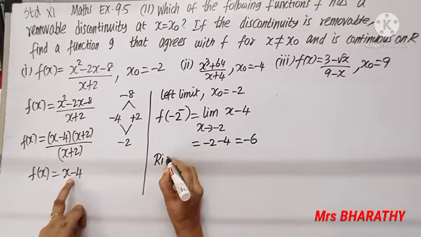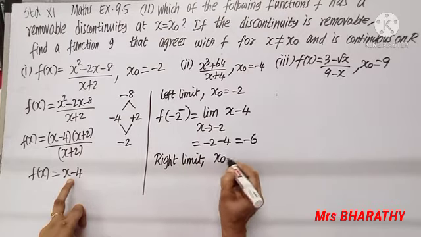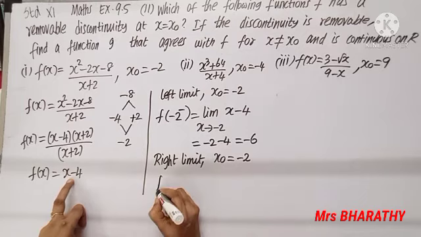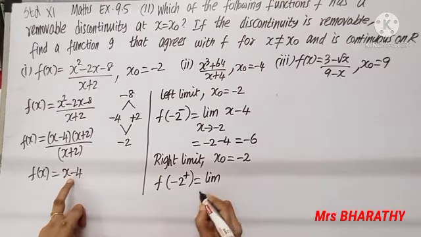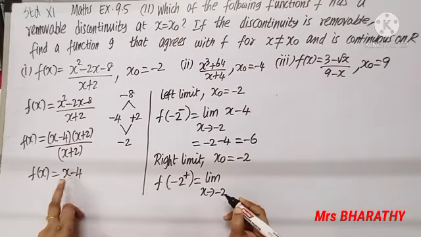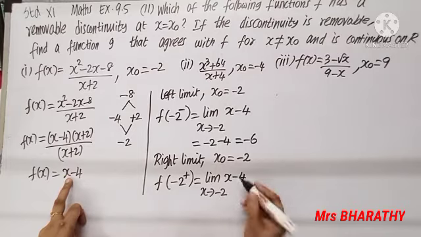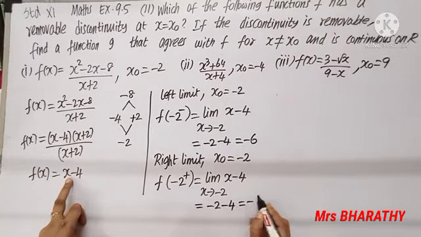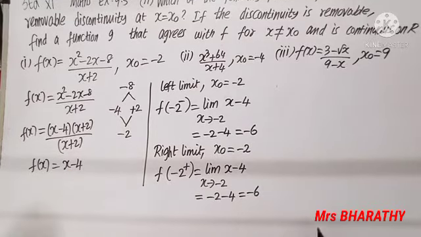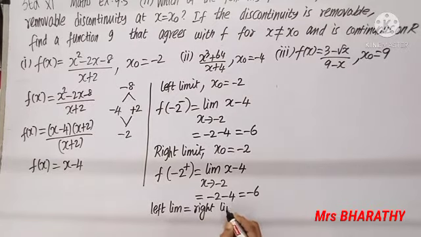Let me check the right limit. What is the right limit? X naught equals -2. We write -2 plus, that is limit x tends to -2, given it is x minus 4 only. As I substitute, my value is -2 minus 4, that is -6. So we can declare left limit is equal to right limit.